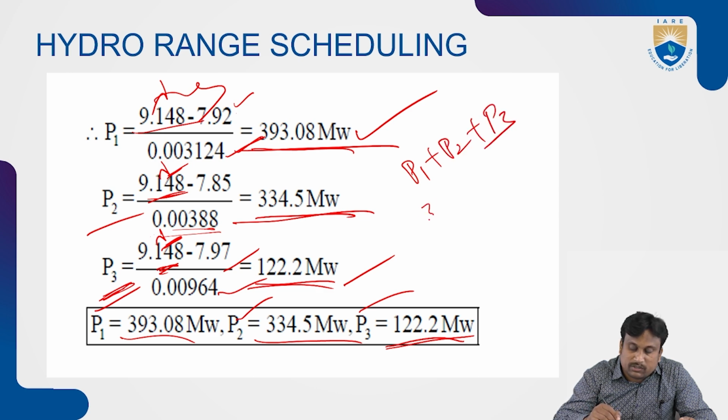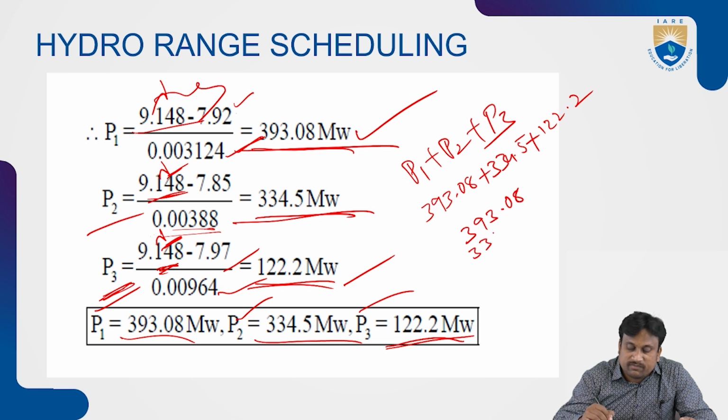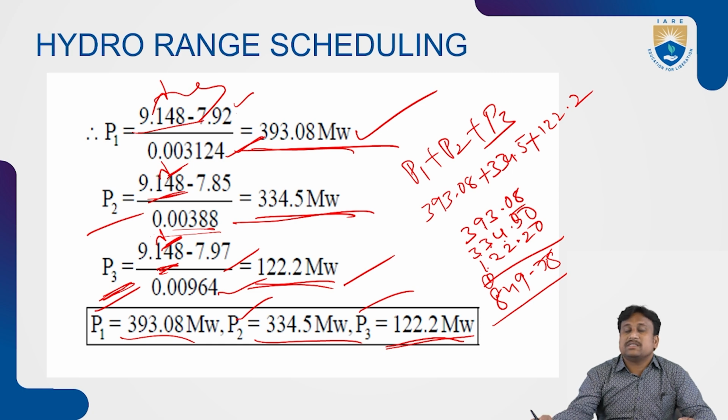Summing all these combinations, P1 plus P2 plus P3 is 393.08 plus 334.5 megawatts plus 122.2 megawatts, which gives 849.78 megawatts.